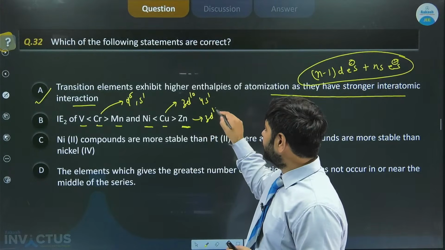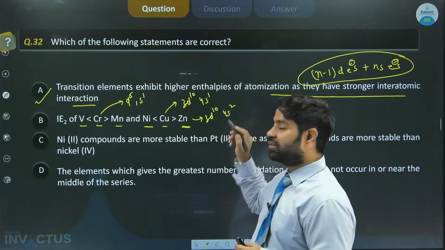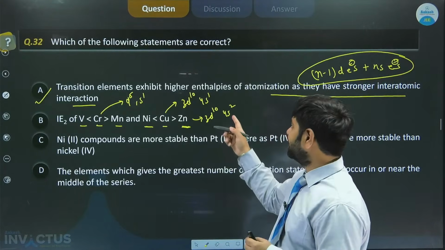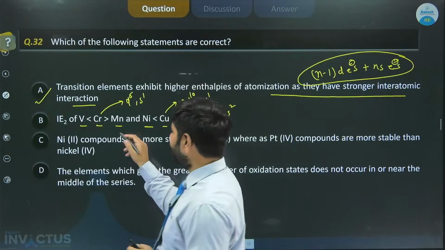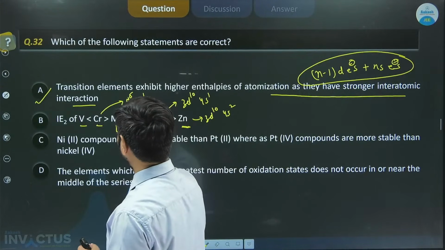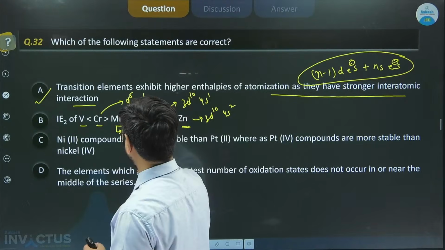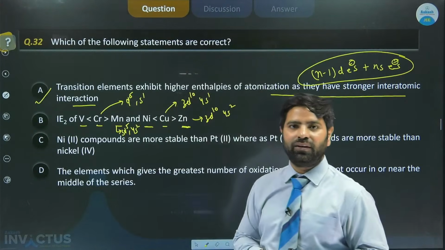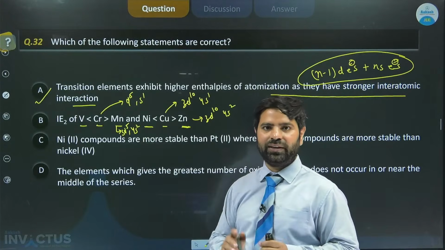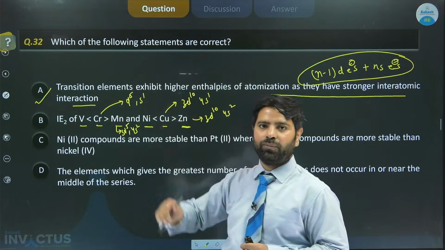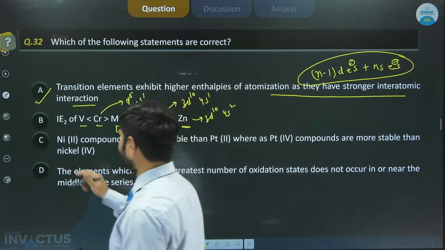So zinc will have a very high first ionization energy, but the second is lower than copper. Similarly, manganese has 3d5 4s2. So you can simply check that the first electron of manganese is difficult to remove, but the second electron can be easily removed in comparison to chromium. So this option is correct.